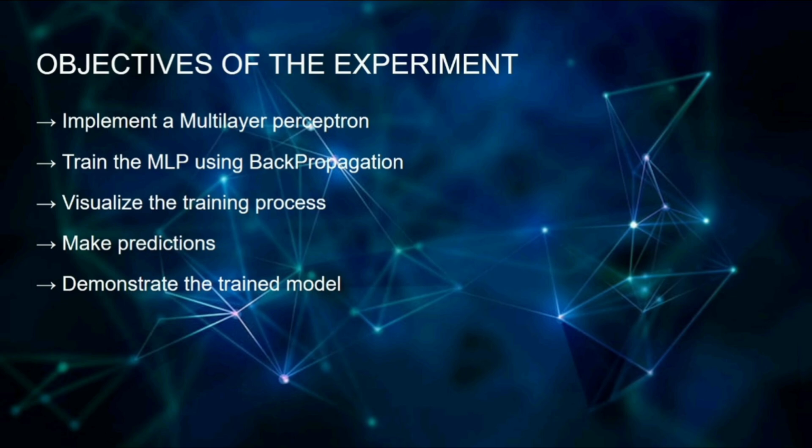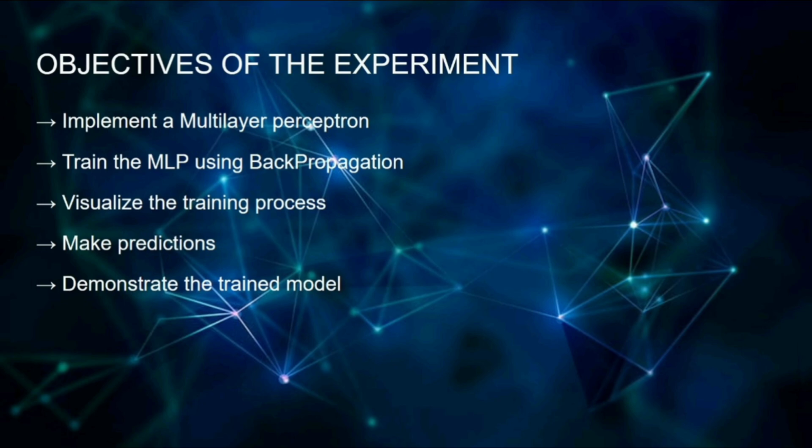The main objectives of the experiment include implementing a multi-layer perceptron. That is, the program implements a basic MLP model with one hidden layer to solve the classification problem. The next step is to train the MLP using backpropagation. During the training, it updates the weights of the network to minimize the loss function. Next is to visualize the training process.